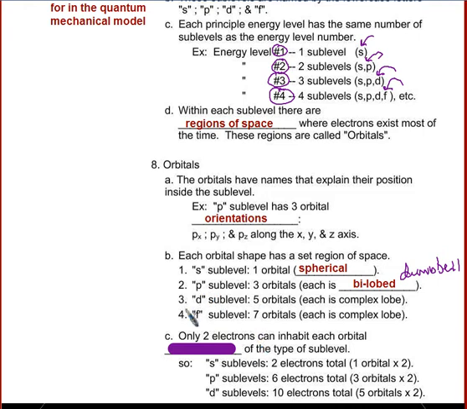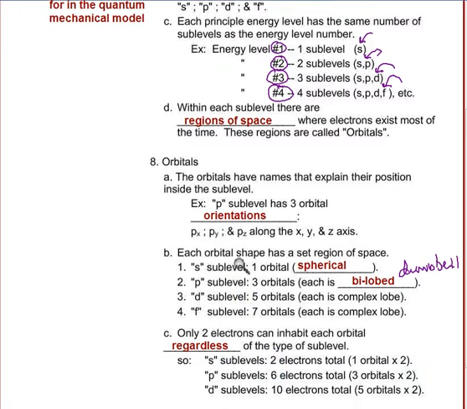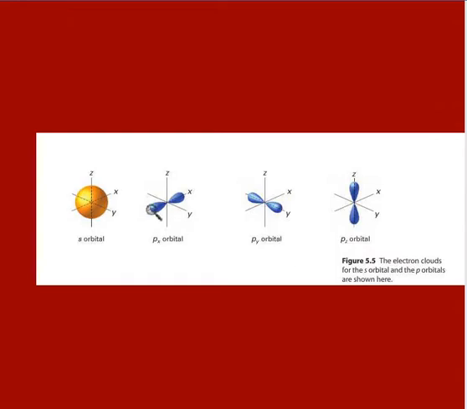Now, only 2 electrons can inhabit each orbital, regardless of the type of sublevel. So in the s sublevel, there's going to be 2 electrons total, 1 orbital times 2 electrons. In the p sublevel, there's going to be 6 electrons total, which would be 2 electrons and 2 electrons and 2 electrons.